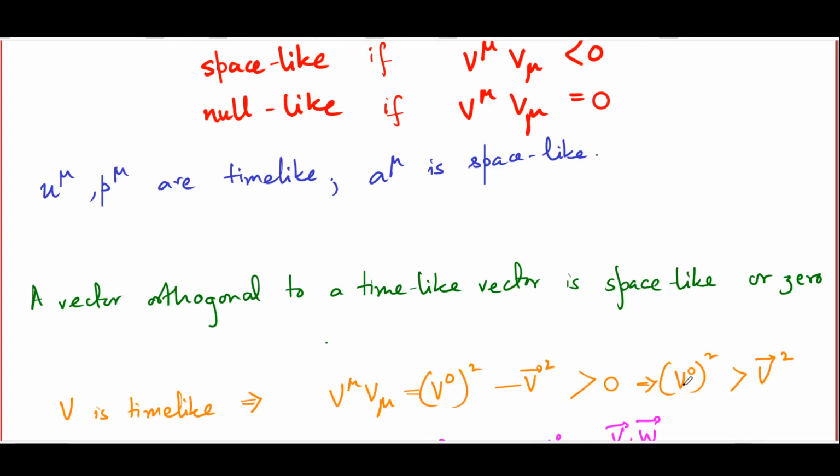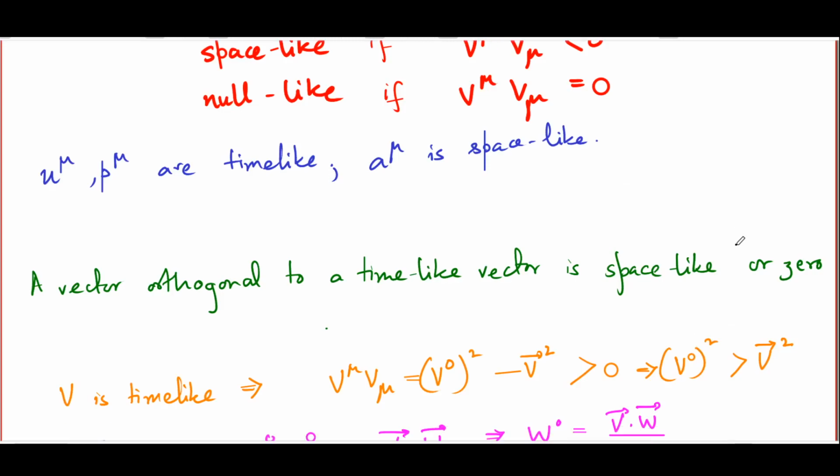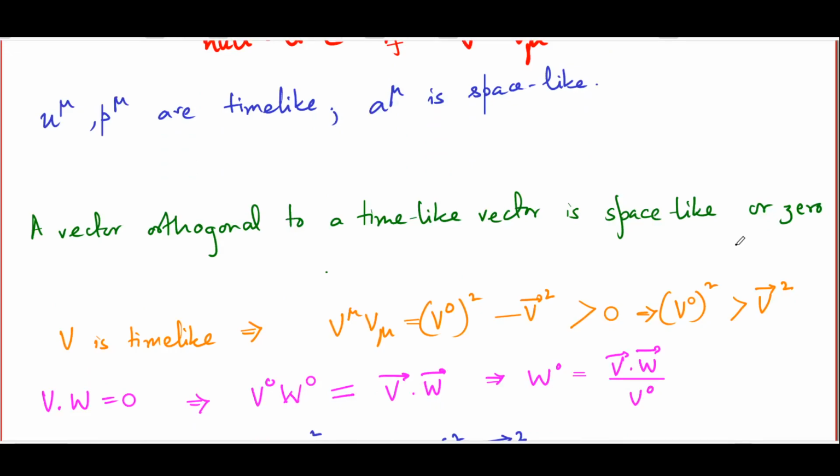Now, if V is time-like, that means V squared, V's inner product with itself, is positive. That immediately tells you that V0 square is bigger than V vector square. So that of course is what time-like means. The time part dominates. Now if V is orthogonal to W, that is V upper mu W lower mu is 0, or in other words, V0 W0 minus V vector dot W vector is 0.